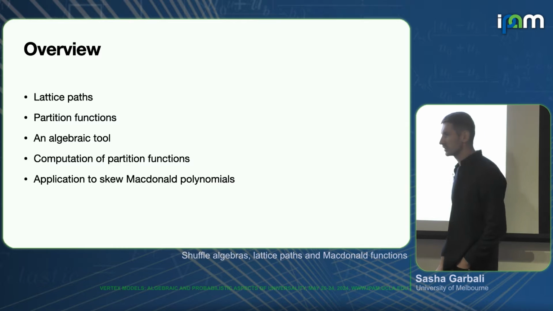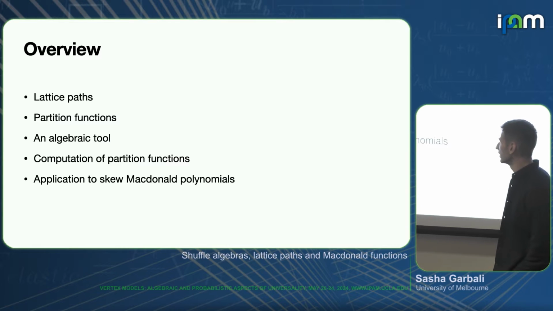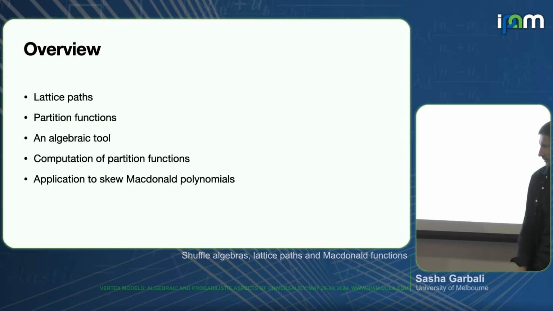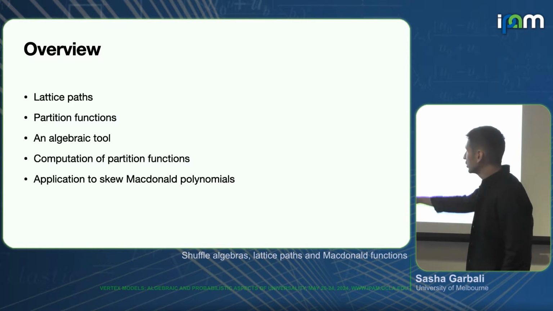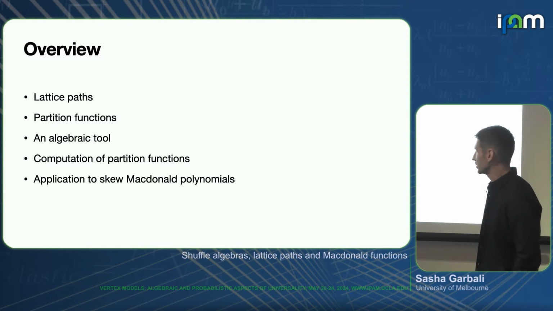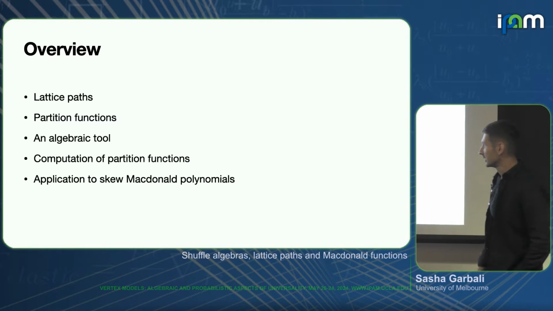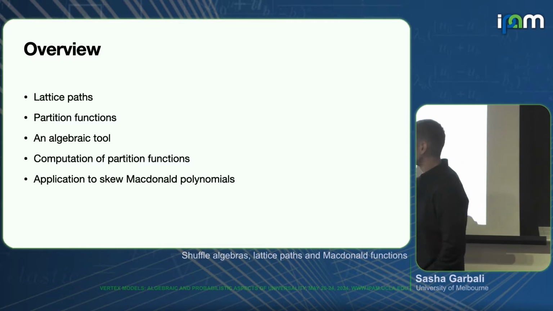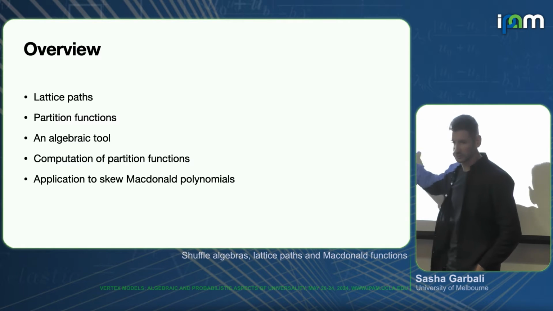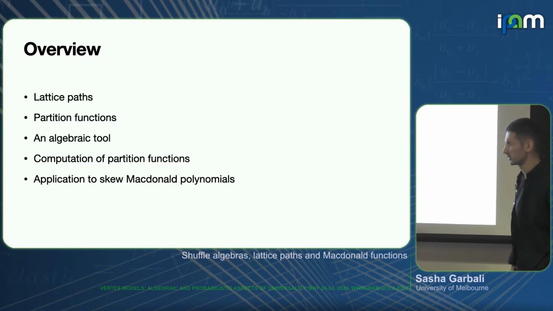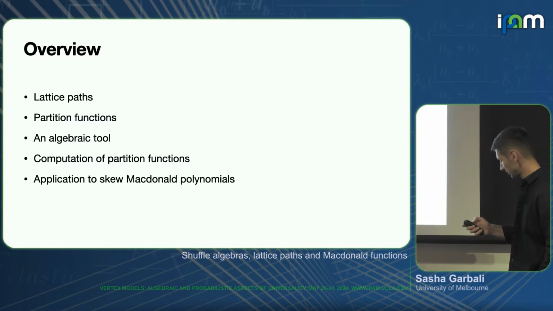The calculation is heavily based on an algebraic tool, shuffle algebras, which is part of the title. I will show you some parts of the calculation. And then after that, if I have time, hopefully, I will tell you how this partition function can be applied to calculating skew Macdonald polynomials.